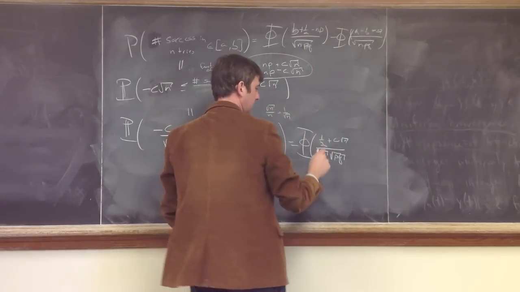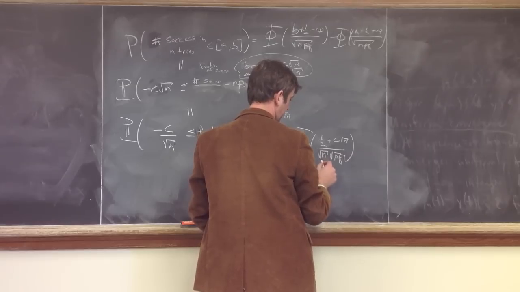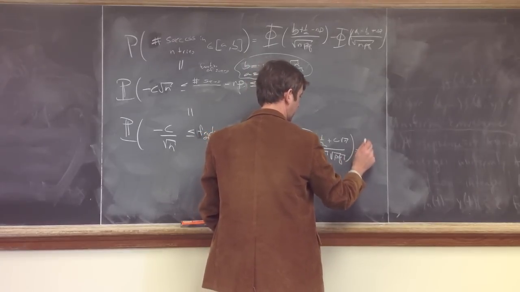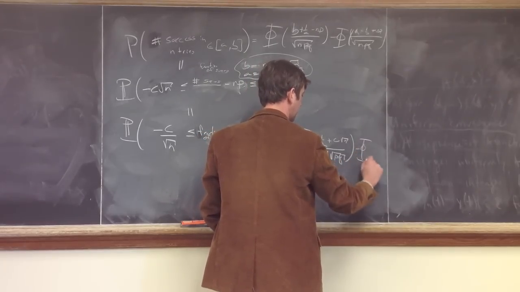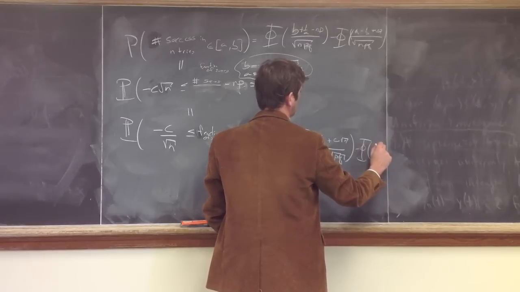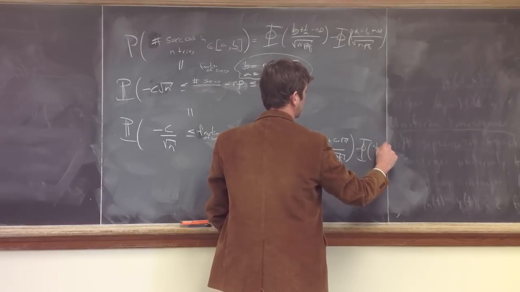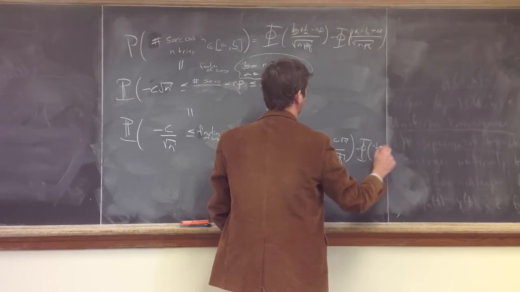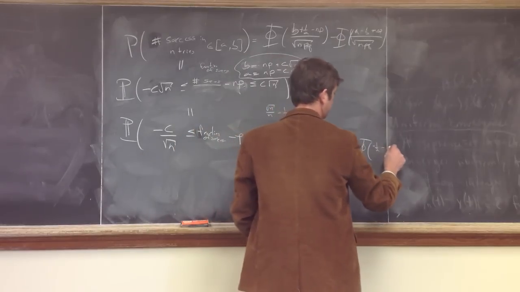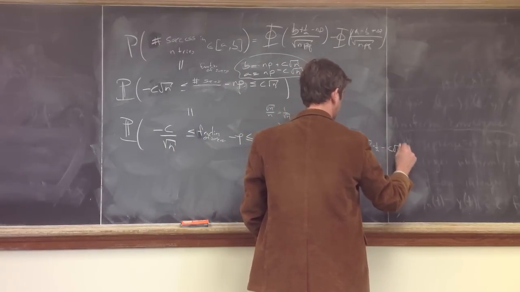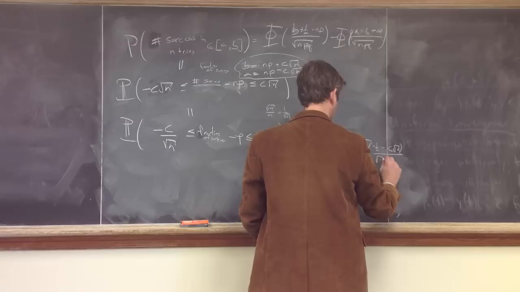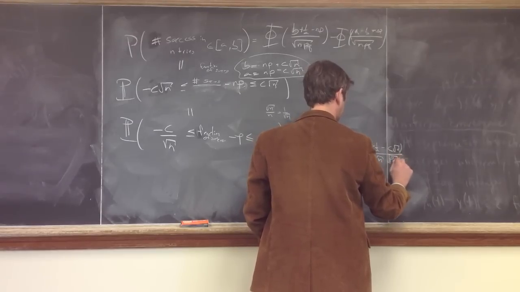Let's write out the other term. The other term is phi of minus a half minus c square root of n over square root of n square root of pq.